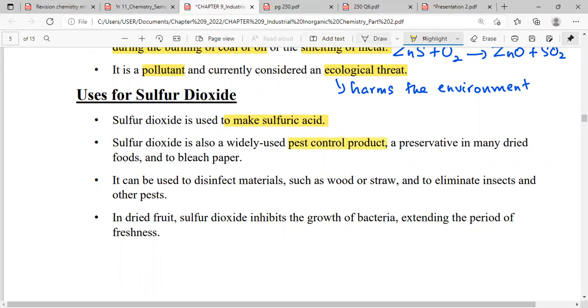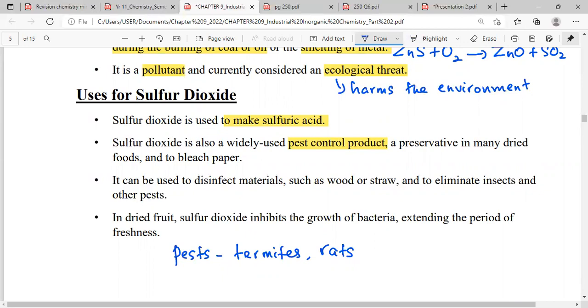It is used to make those chemicals that can kill pests. Now, can you give me examples of pests? Termites, rats, cockroaches. All these are pests.